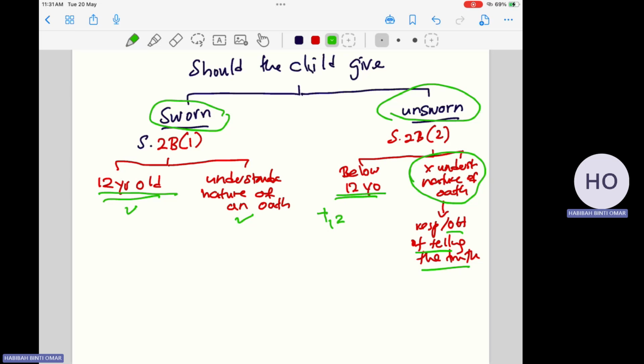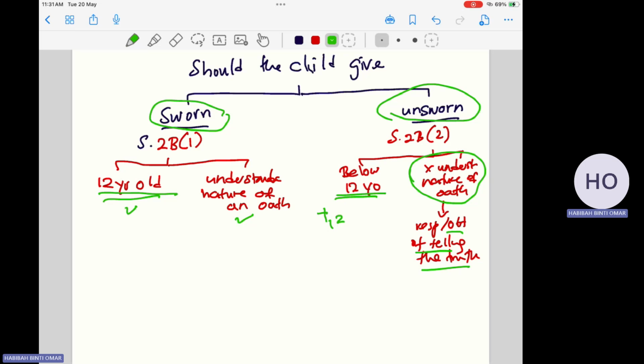So previously, not even a single case law put down the age at which the child should give sworn or unsworn evidence. What happened was, in the previous cases, the competency of a child to testify, whether the child should give sworn or unsworn evidence, was determined on a case-by-case basis.